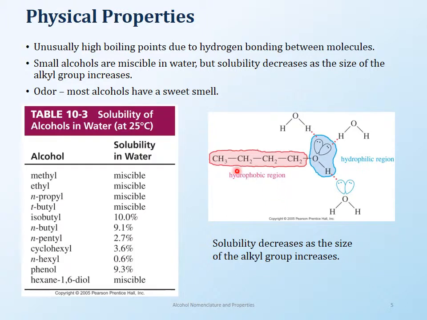So that is how it is with the one alcohol group. Again, if you have two alcohol groups, then the solubility will change. So for example, if you think about sugar, which has 5 alcohol groups, sugar is so soluble in water. It's even more soluble in water than salt is because of the 5 alcohol groups which have very strong hydrogen bonding with water. So that's a little bit about the physical properties.